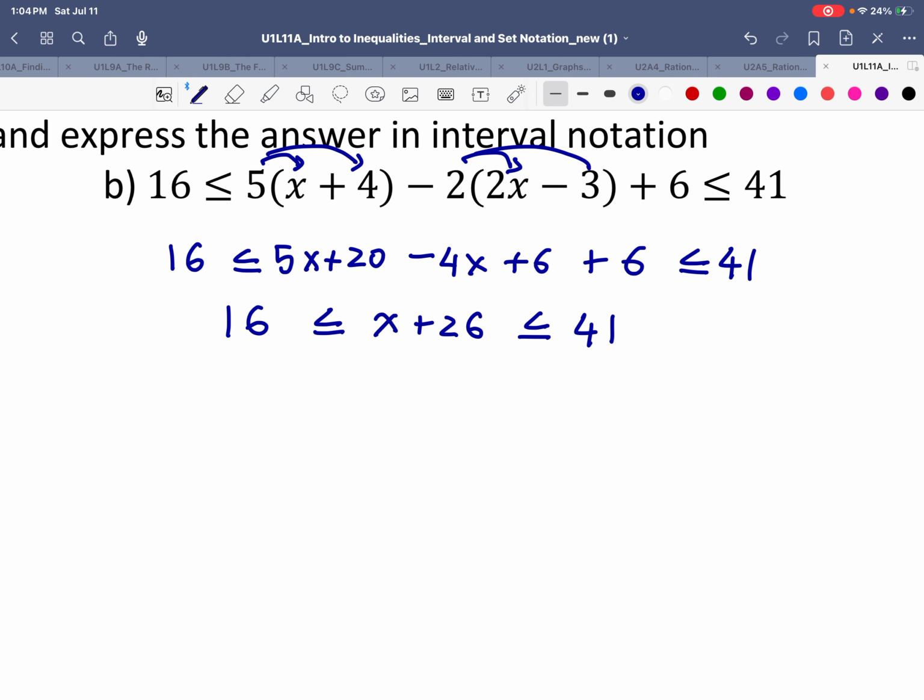Now we have to isolate x from positive 26, which means that we'll need to subtract 26 from the middle to leave x alone. And if we do that to the middle part, then we have to do that to every other part of the double inequality.